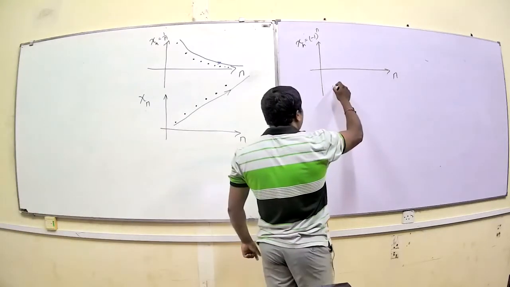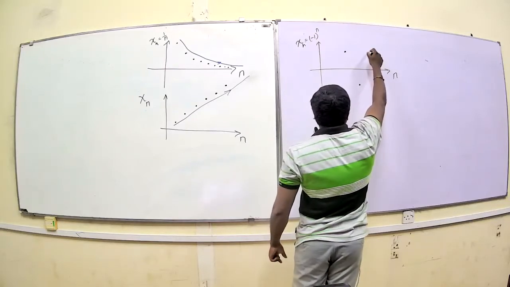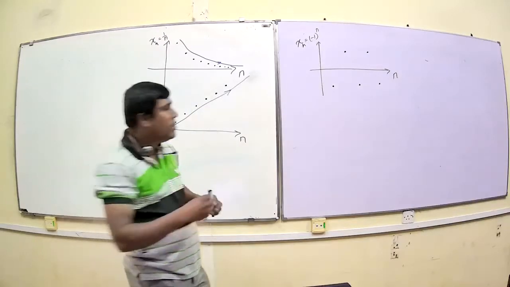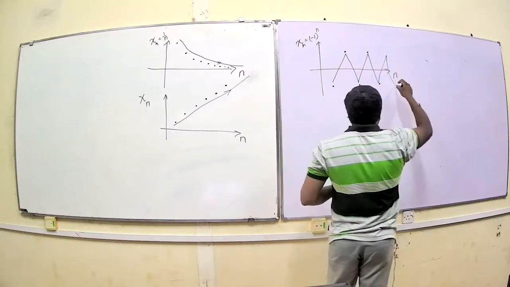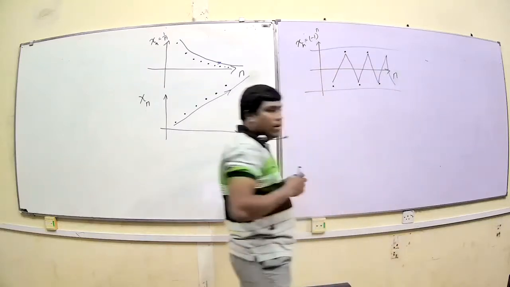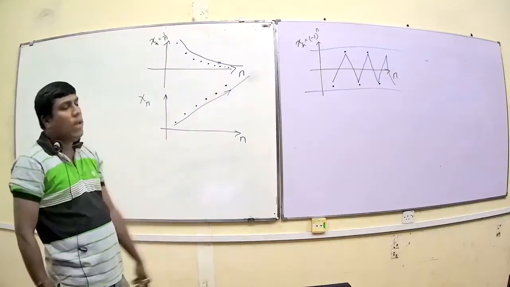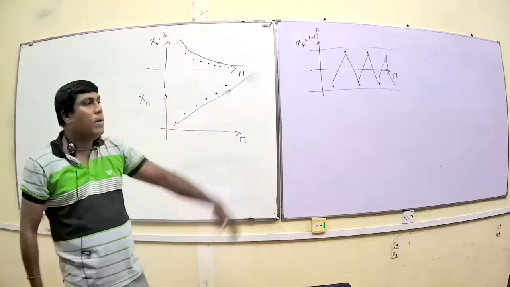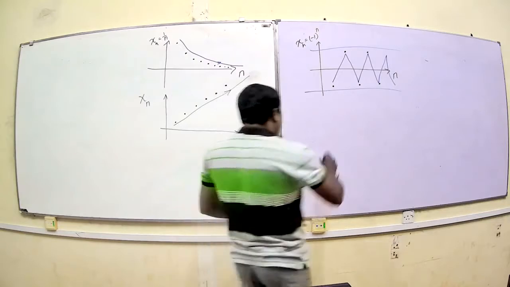When n is equal to 1, it is minus 1, when 2, it is plus 1, minus 1, plus 1, minus 1, and plus 1, and it will go like this. So it is going on a zigzag line, but it stays between two lines. It is oscillating between two fixed values, so that is why we call it finitely oscillating. It is like a pendulum, going up and down, but it stays in between two lines.